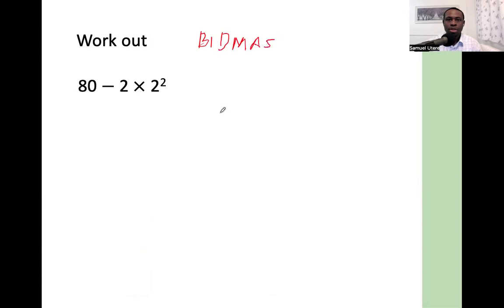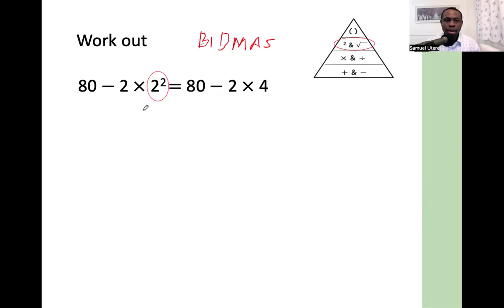So we have to do indices first before we do any other operation. So using this approach, we'll have to do indices first. So 2 to the power 2, and then that gives us 4, and then we'll do multiplication next.